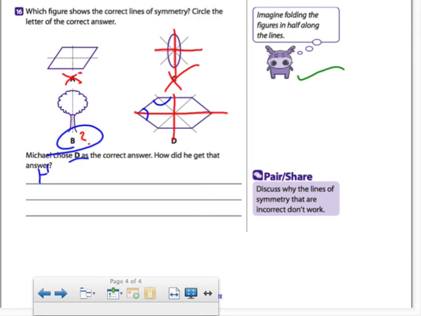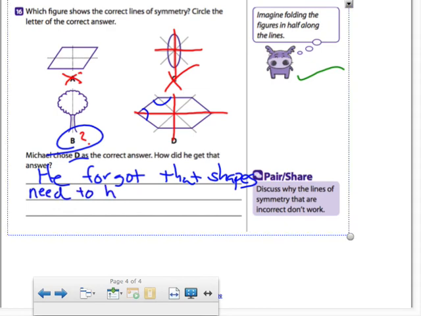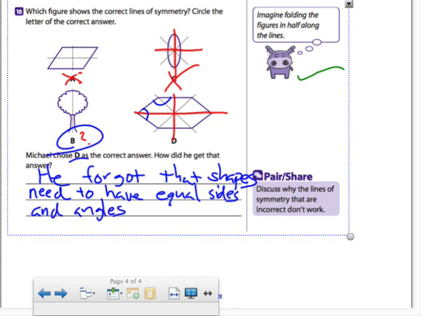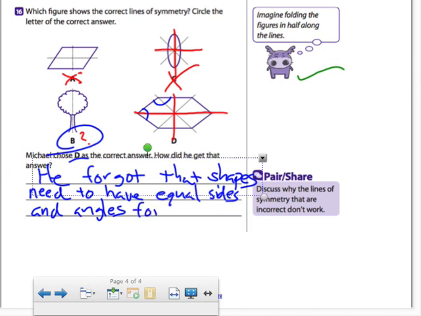I'm going to put that. He forgot that shapes need to have equal sides and equal angles for, what do they have to have them for?